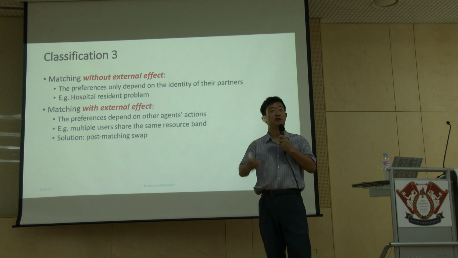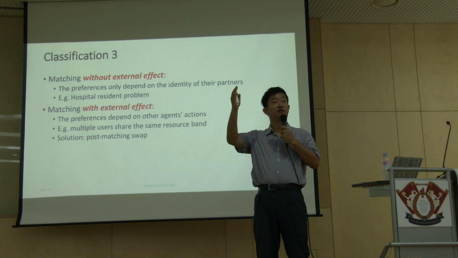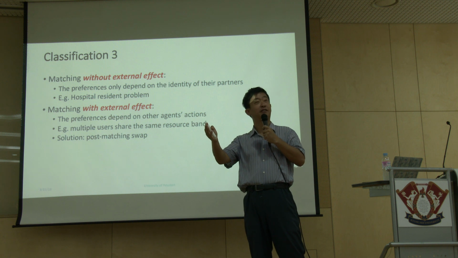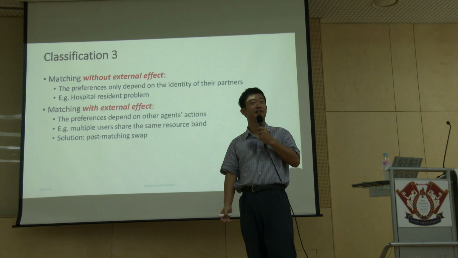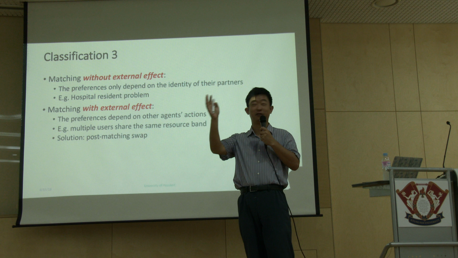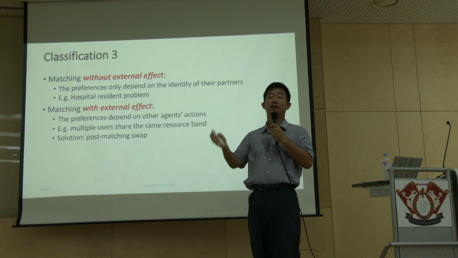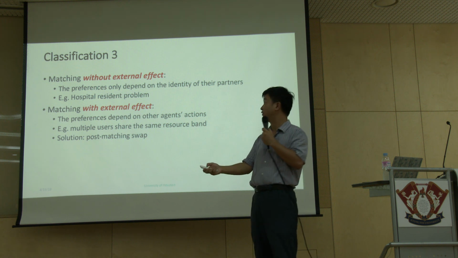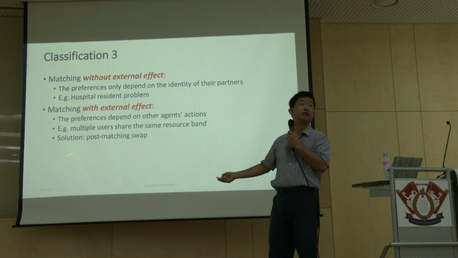For example, you have your goddess, and your goddess just gets married. So your goddess is no longer at the top of your preference list; you probably get rid of it. The preference list changes because of the other matching results, right? So in this case, it's matching with external effect.